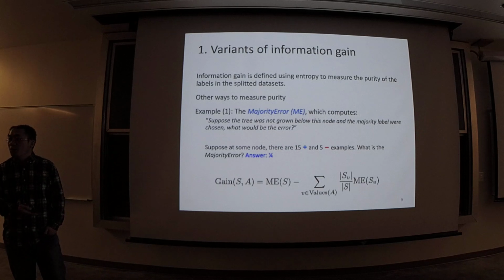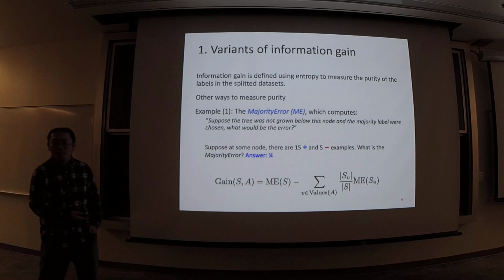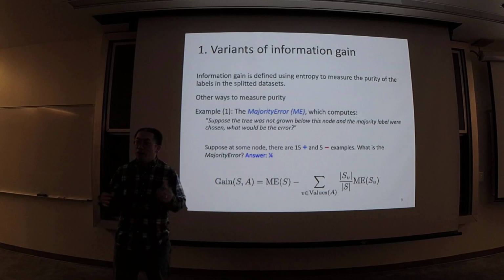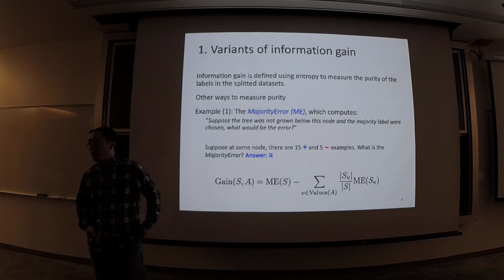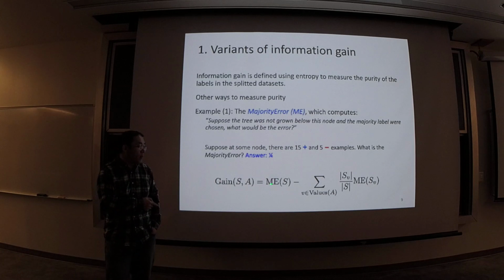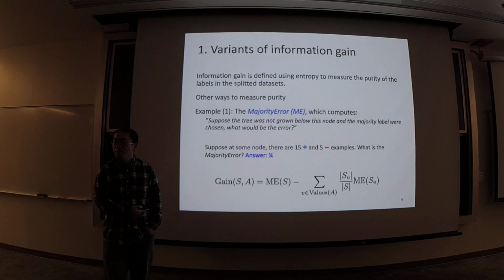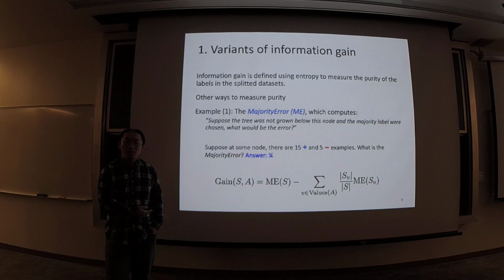Then we can use majority error to define a gain. We can call it a majority gain. So the decrease of the majority error indicates the increase of purity. Just following the definition of information gain, we replace the entropy by the majority error. Any questions? Is everybody comfortable?